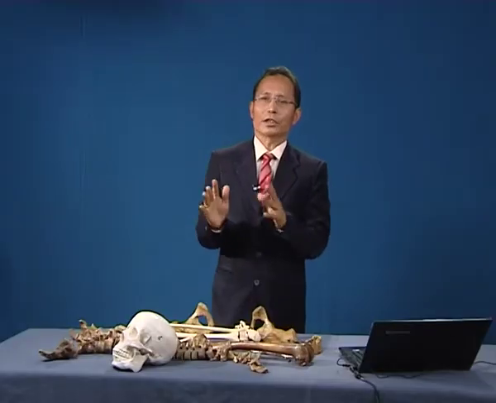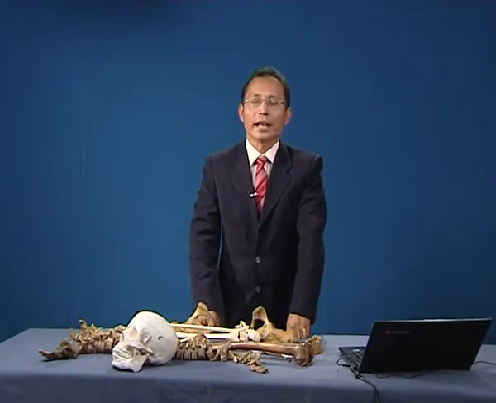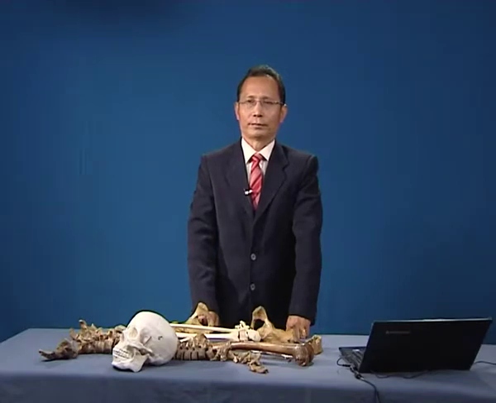So this axial part of the skeleton altogether has 80 bones. So out of 206, 80 are axial bones and the remaining 126 bones constitute our appendicular bones.